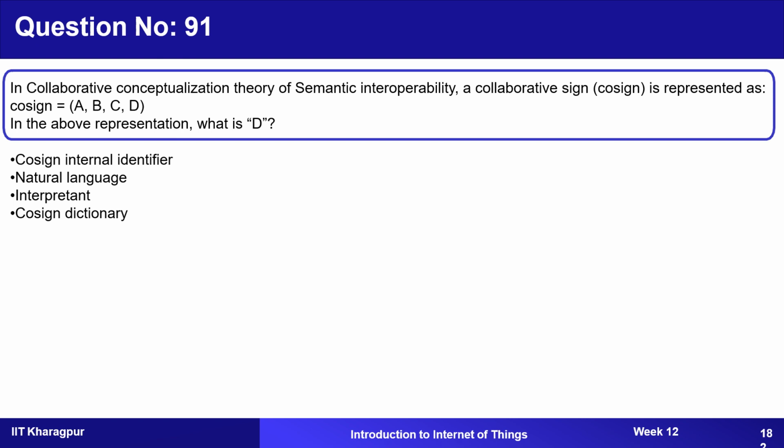Question is, in collaborative conceptualization theory of semantic interoperability, a collaborative sign is represented as cosine ABCD. In the above representation, what is D? Options are cosine internal identifier, natural language, interpretant, cosine dictionary.